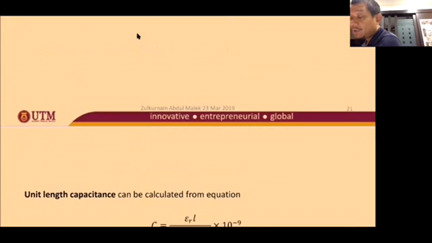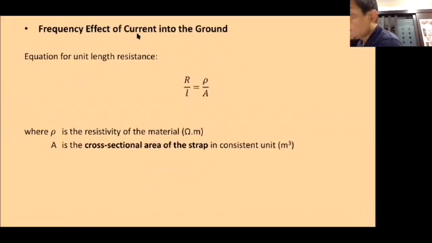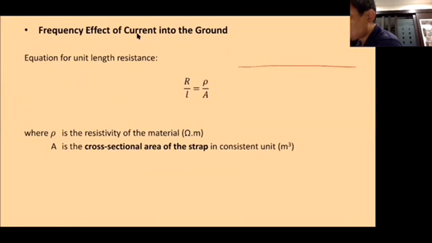But let's say our hemisphere electrode again, then the current will flow like this. This is A, and the current will flow like this.